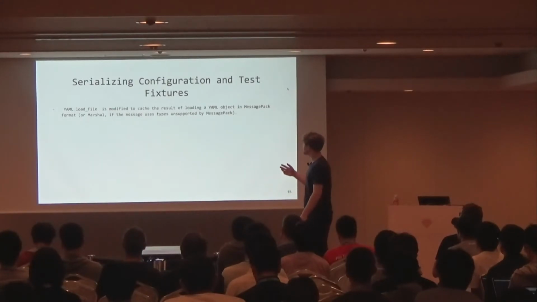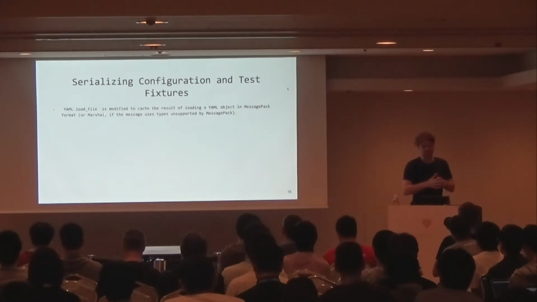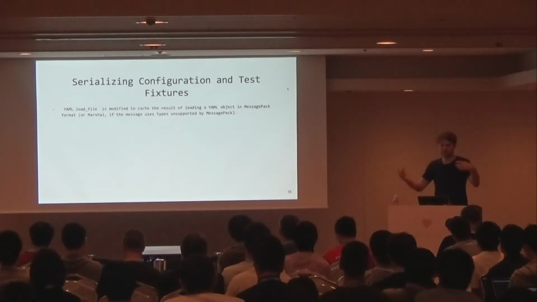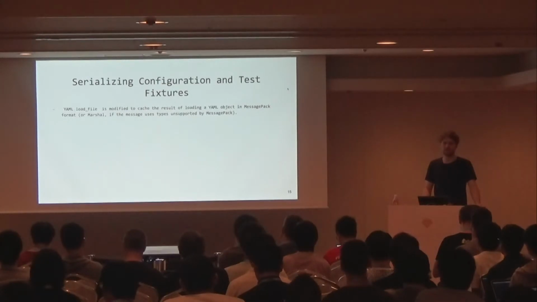Or so we thought, until we realized that MessagePack, or marshalling, is very, very fast in comparison to YAML serialization. And the reason YAML is slow is because it's a very dynamic language itself, so you can start merging things, including things, and importing things. And that's where a lot of the slowness comes from. So by caching this as well with the same volatility checks, we can reduce boot time.